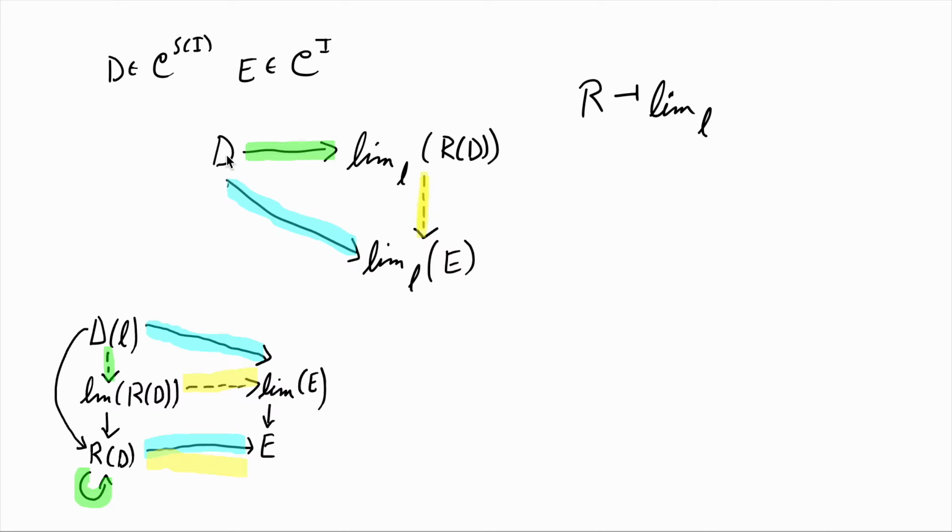And it's kind of like this. We just need that there exists a unique map that makes this diagram commute, and then we'll automatically have this adjointness, and we'll use that.